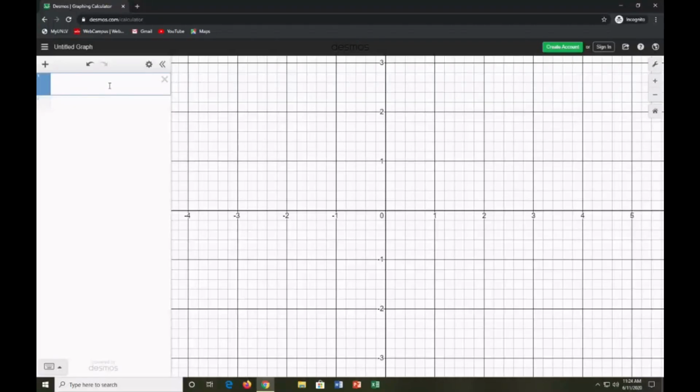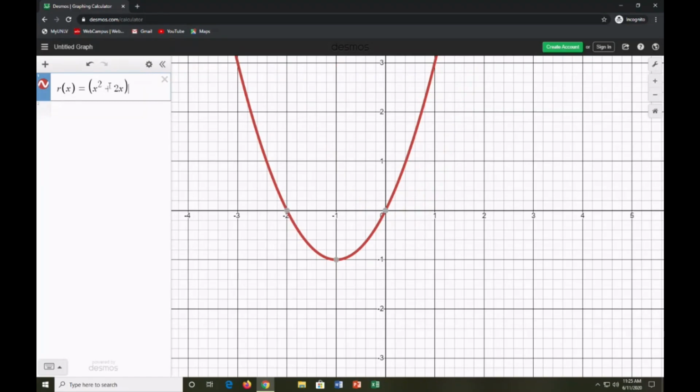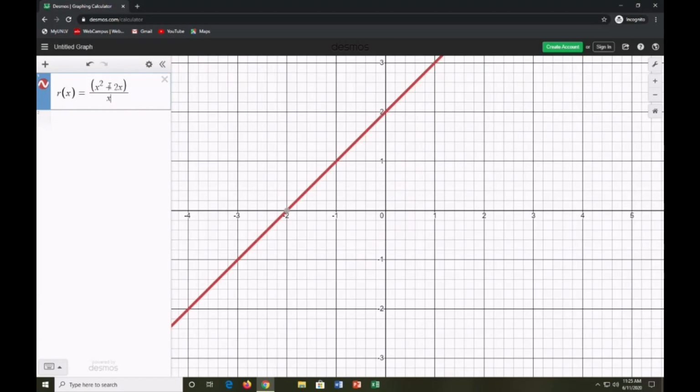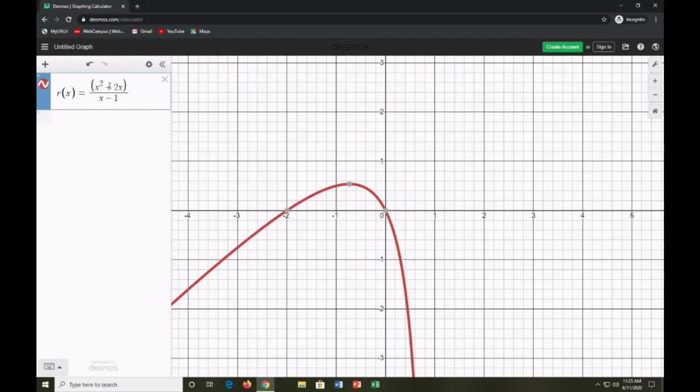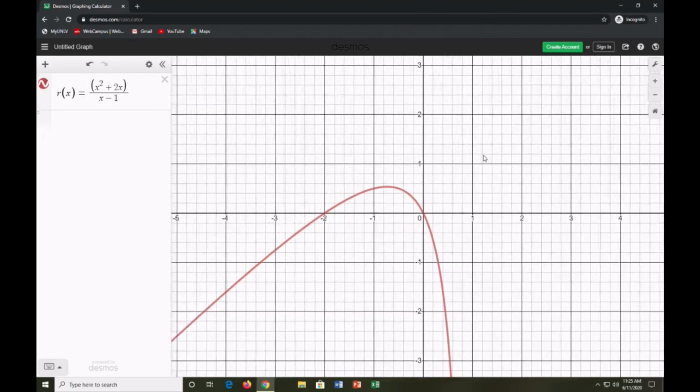Okay, so this was the function, the rational function r of x equals x squared plus 2x divided by x minus 1. Okay, and you can see just one piece of this because I'm zoomed in too much.